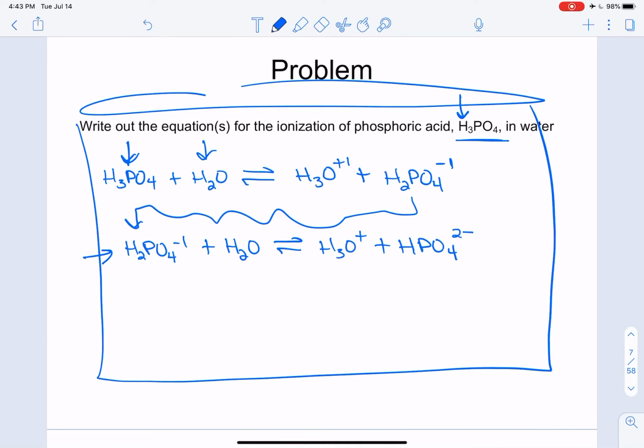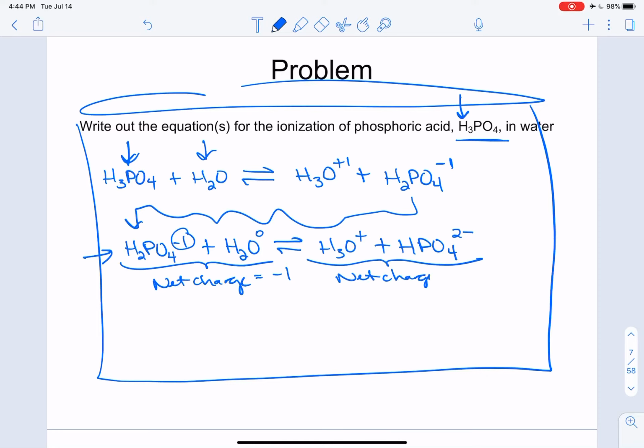H2PO4 minus 1 has a -1 charge. And H2O is neutral. So over here we have a net charge of -1. So over here we need to have a net charge of -1 also, because we need to have conservation of charge.